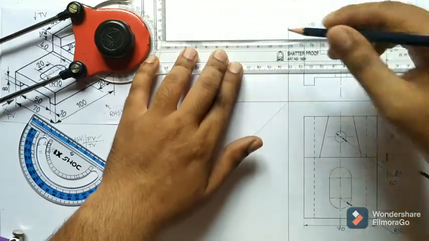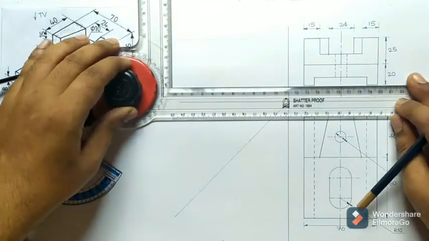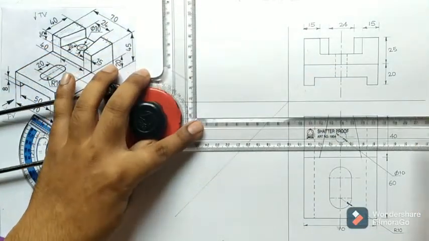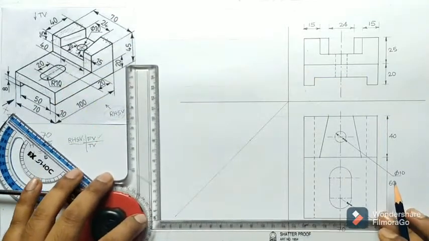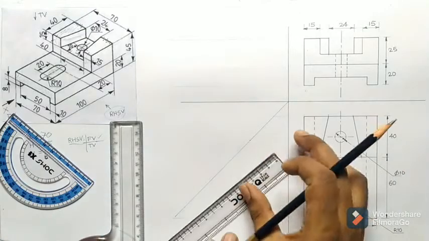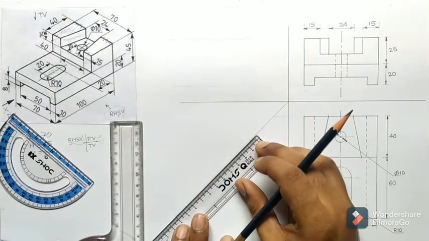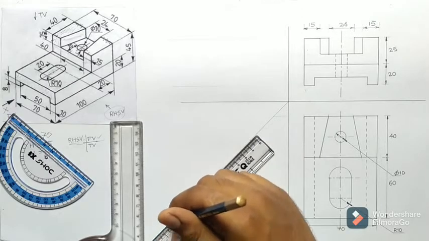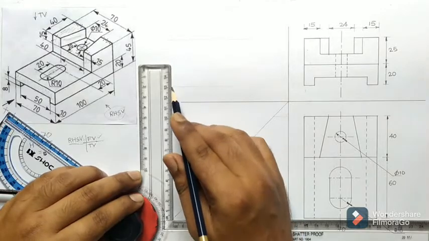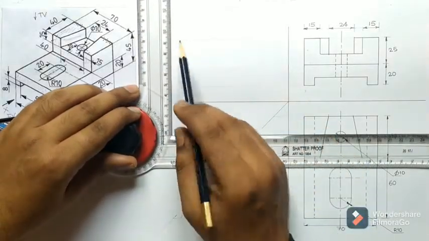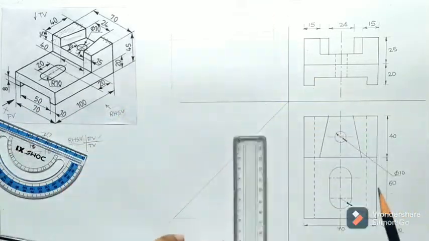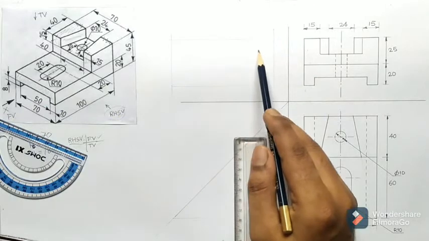So project the front view, measure dimensions, project the top view, measure dimensions, so your view will be inside of this block only.